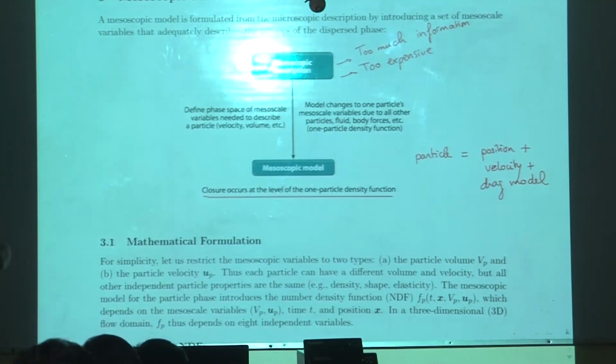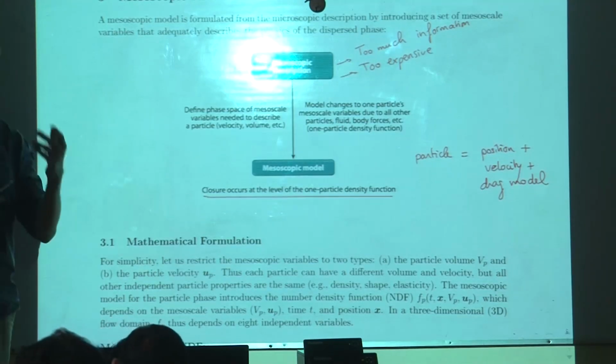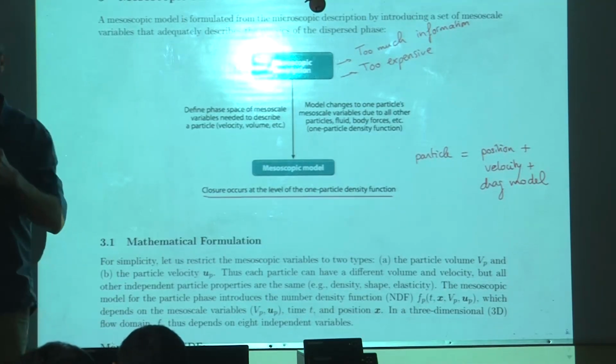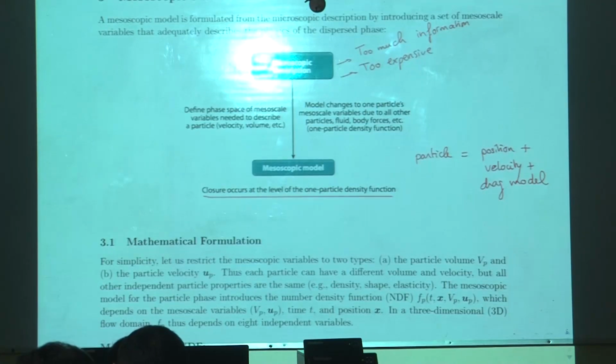In a sense, we're not going to worry about making any prediction or formulating any equation for particle pairs or particle triplets. We're going to think only about what is the probability at one point, at one time, of finding one particle with a velocity of whatever and a diameter of whatever and a temperature of whatever. So we're not going to worry about two-point statistics. We're not going to worry about particle pairs.